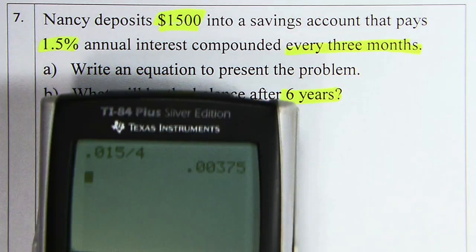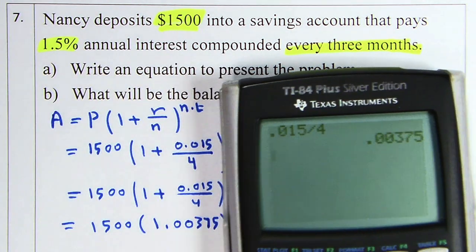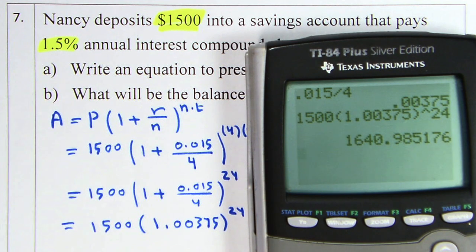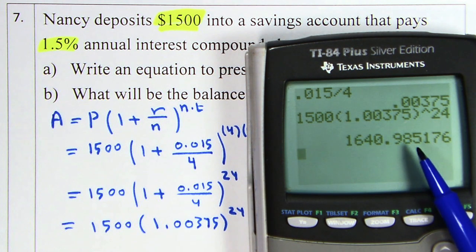Use the calculator to evaluate. So we have 1500 multiplied by 1.00375 raised to the power 24, and of course we need to change this to 2 decimals, so 0.985 becomes 0.99.